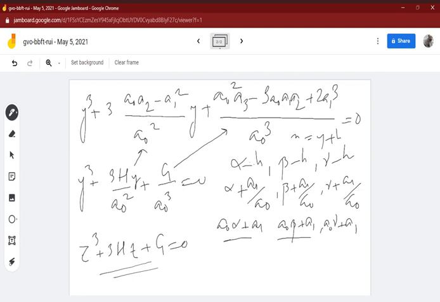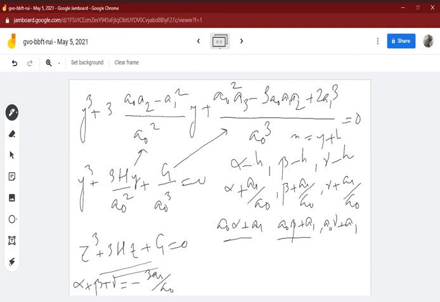From the given equation, from the sum of the roots and product of the roots, you can find it out. The relation is, sum of the roots alpha plus beta plus gamma is equal to minus 3a1 by a0.